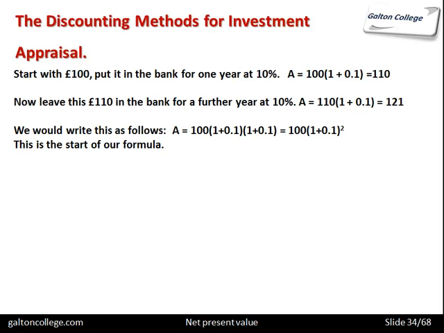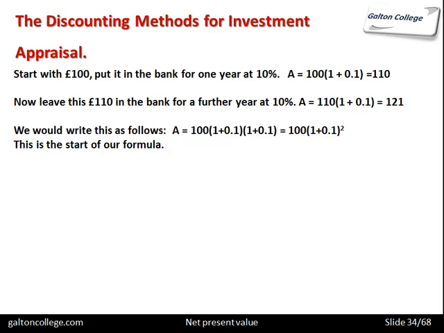We would write this as follows. A is equal to the £100, which has grown at the end of the year into £110, and it grows into 110 because it earns 10% rate of interest. So it's 100 multiplied by 1 plus 0.1. So it's 110 at the end of the year. However, we leave it in the bank, so it goes on to earn another 10%.